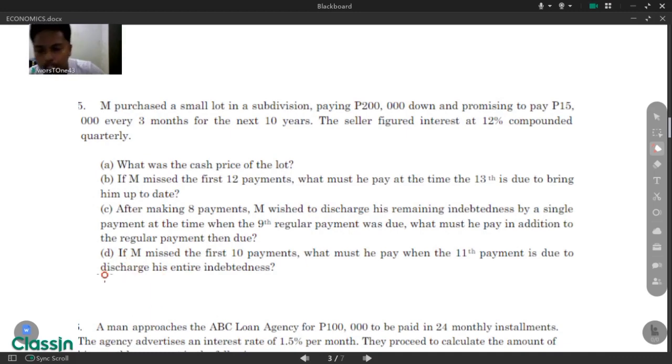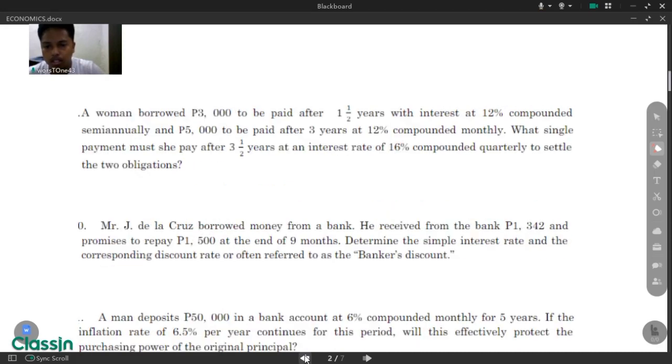if he missed the first 10 payments, he'll be paying for the 11th. What must he pay on the 11th payment, when he is discharged from illness? 40 minus 11 is actually 29. And thus we get the 29.